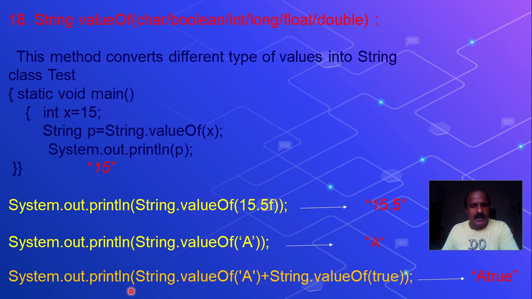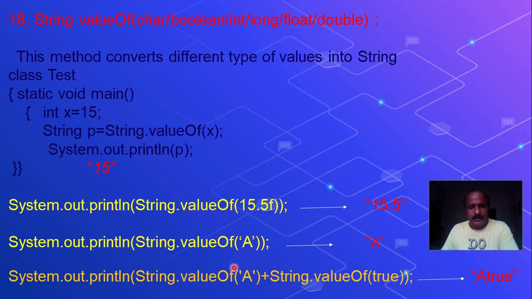Next is the last example: String.valueOf('a') plus String.valueOf(true). True is boolean type. See the possible input types that you can give. True is boolean type, and this is character type.